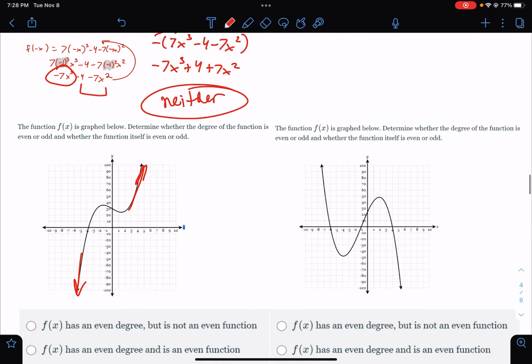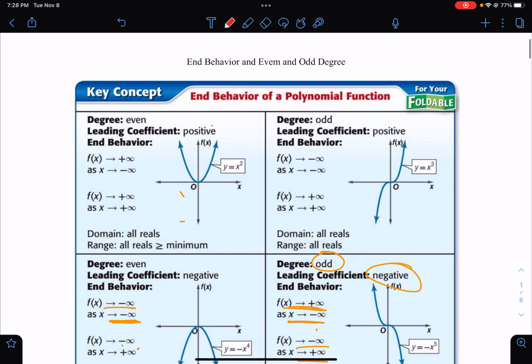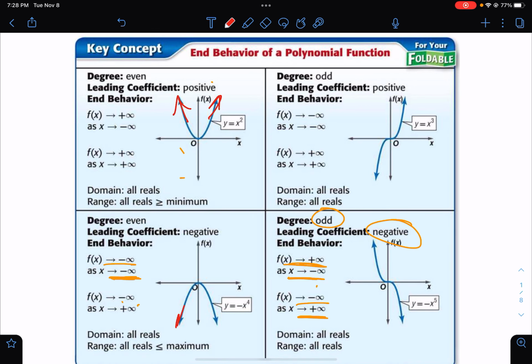And if we think back to the beginning of this, even functions, the end behavior goes in the same direction, whether that's both up or both down. That obviously depends on the coefficient. But for even functions, they go in the same direction. Odd functions, they go in opposite. Odd degrees, I misspoke. For odd degrees, they go in opposite directions.